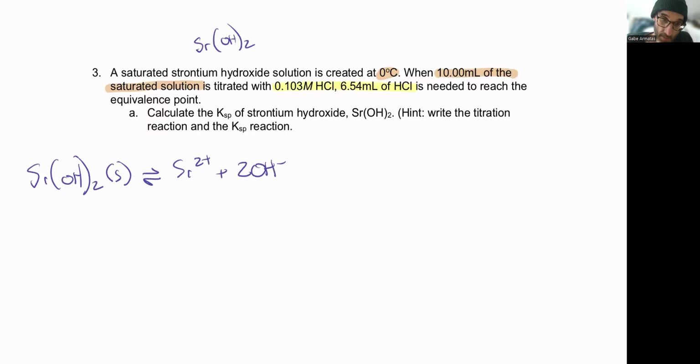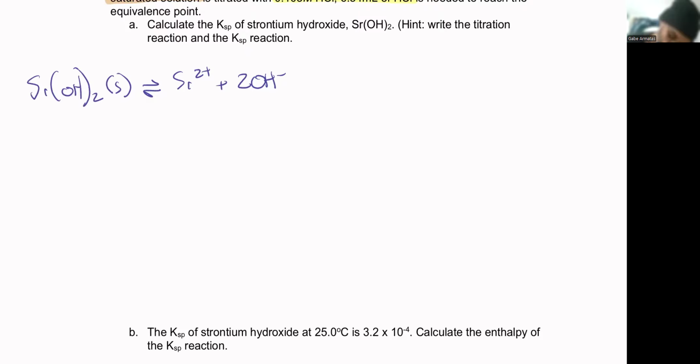So that means that ultimately my equilibrium is going to be, let's see here. My KSP for this is going to be concentration of strontium ions, concentration of hydroxide ions squared. When I do a titration, so we dissolve this in solution, and I've got strontium ions and hydroxide ions.